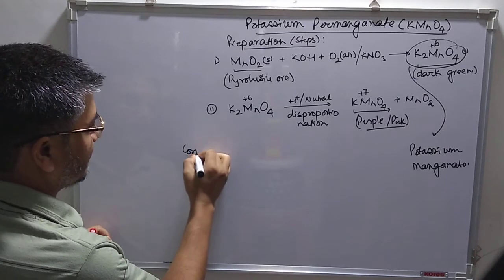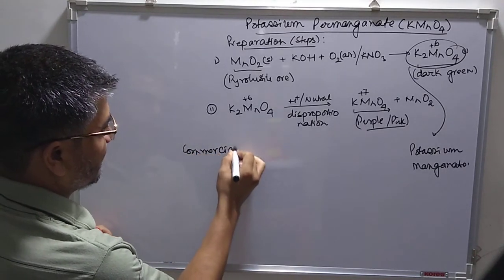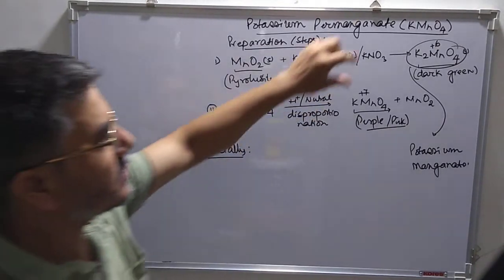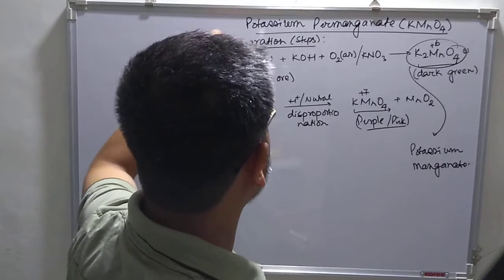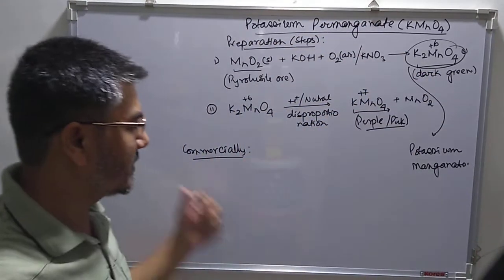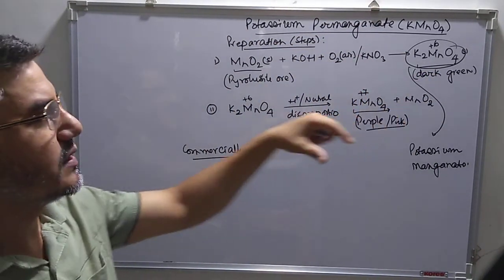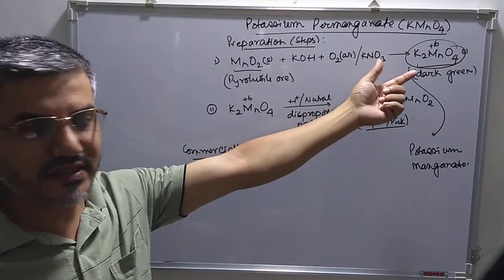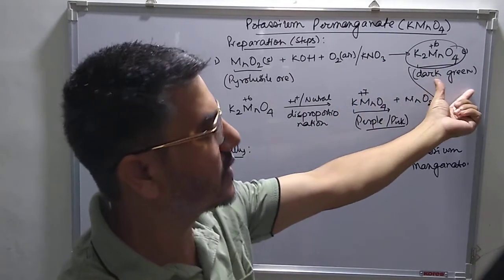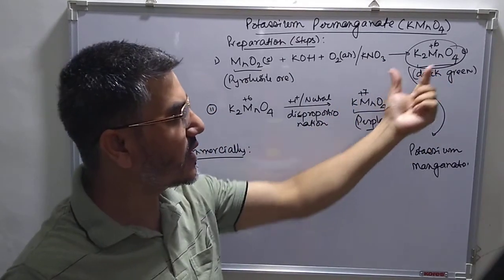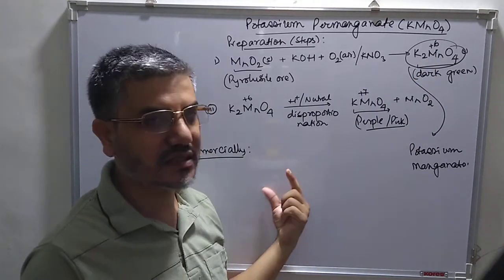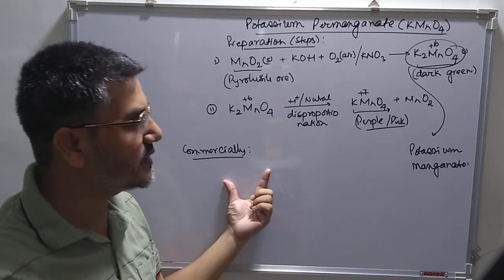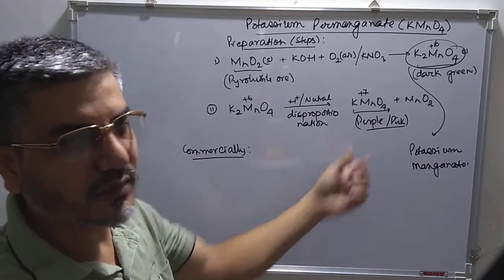Commercially, the dark green color potassium manganate obtained in the first step, the first step remains as it is. After fusion of MnO2 with alkali in presence of air or oxidizing agent, when it is converted into dark green color potassium manganate, this potassium manganate is electrolytically oxidized in presence of alkali to give you MnO4.